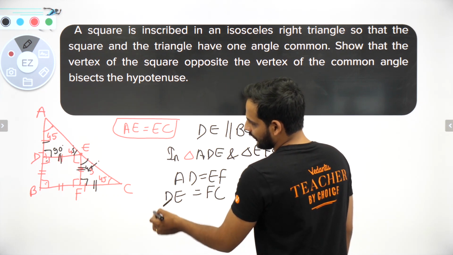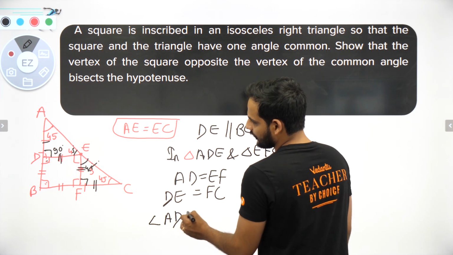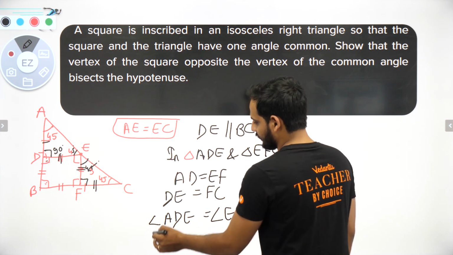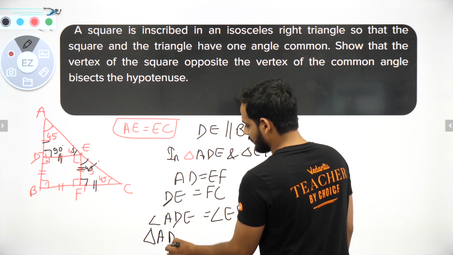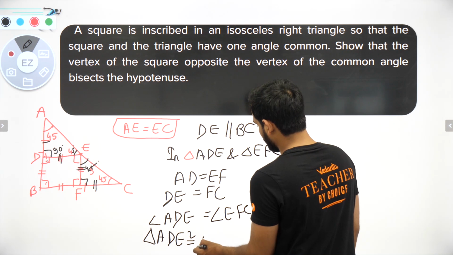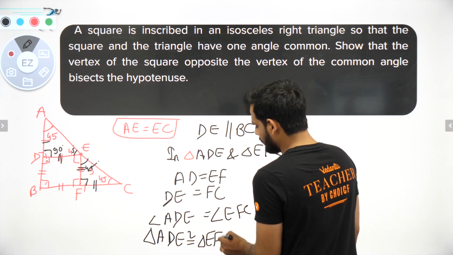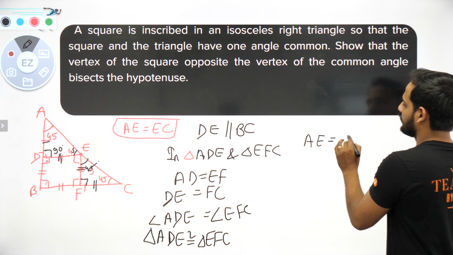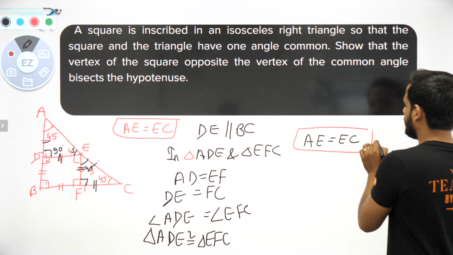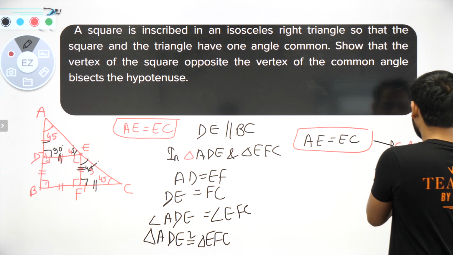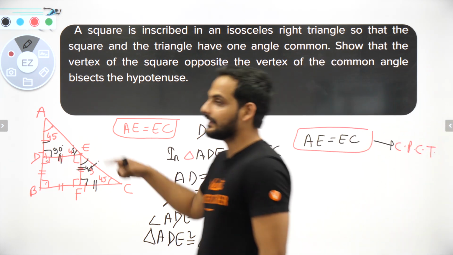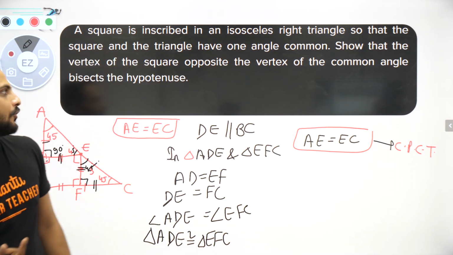And third, angle ADE is equal to angle EFC. So by side angle side, triangle ADE is congruent to triangle EFC. And if these two are congruent, AE is equal to EC by CPCT. So once I have used this part, I can easily say that this E is bisecting the hypotenuse.